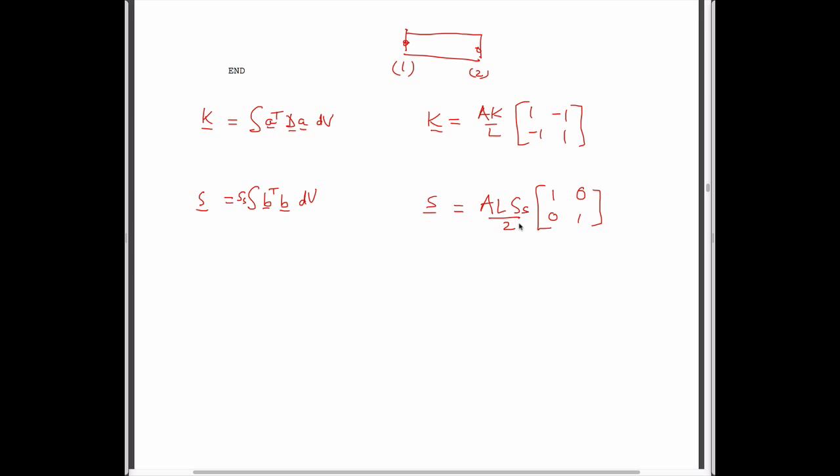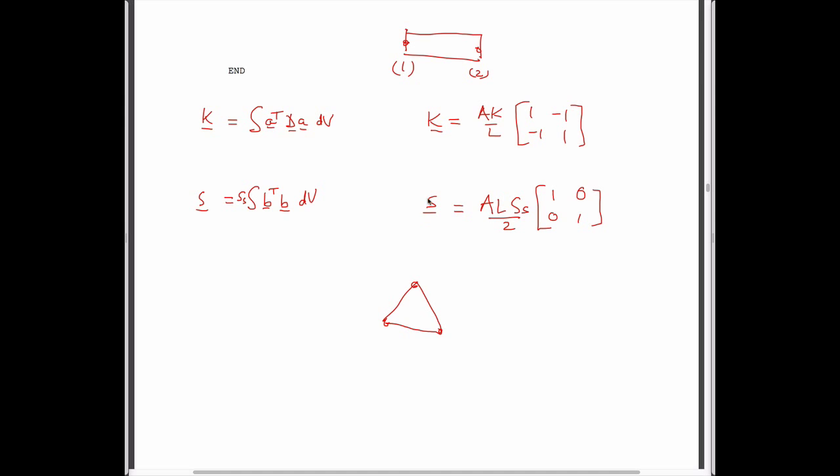And so long as within this subroutine, we can both calculate the form of the conductance matrix and the storage matrix, that should be good for any particular element that looks like this. If the element looks like this, then the matrix will look a little bit different because it'll have 3 terms, but we know how to do that as well.